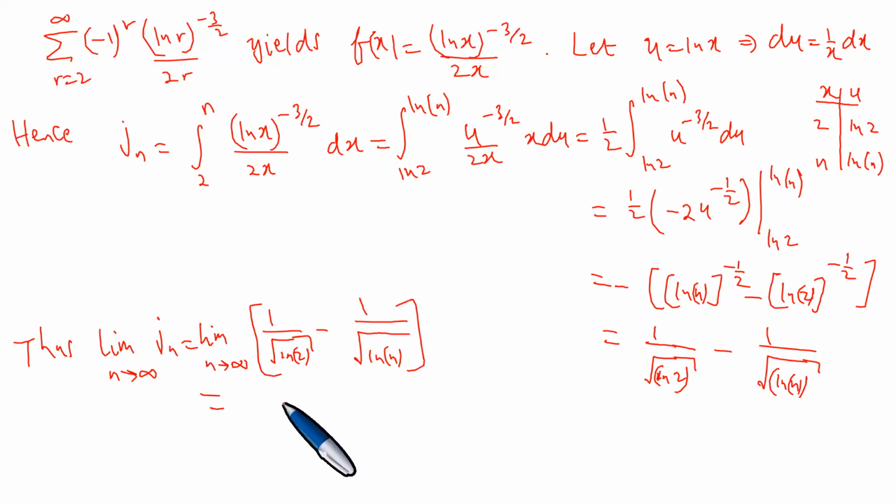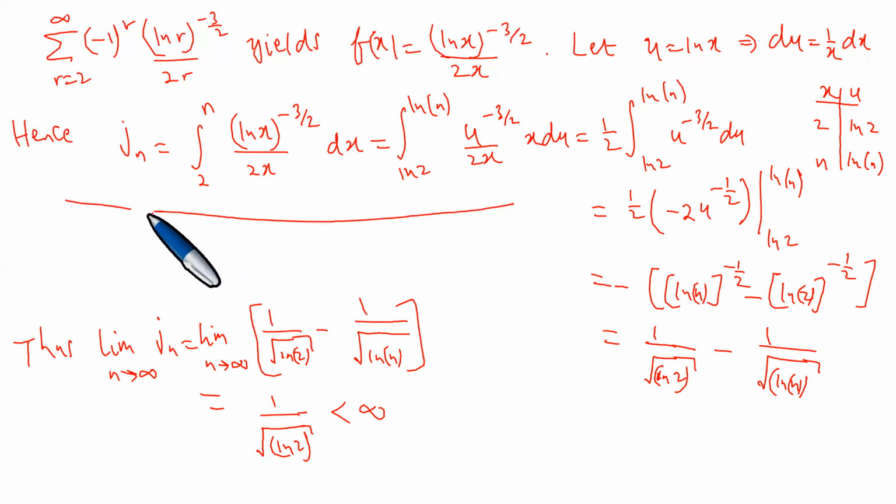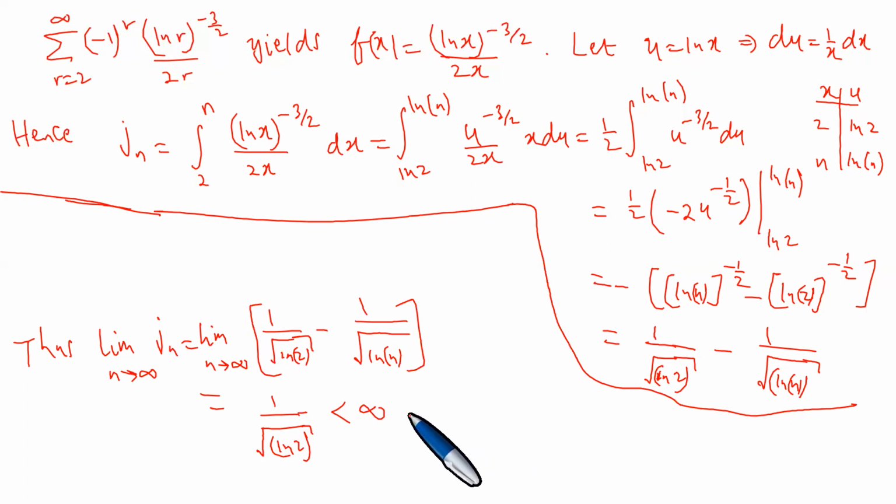And therefore, as n approaches infinity, this is going to just be 1 over the ln of 2. So this ln of 2 is finite. The conclusion becomes very clear. The integral test shows that the integral converges.